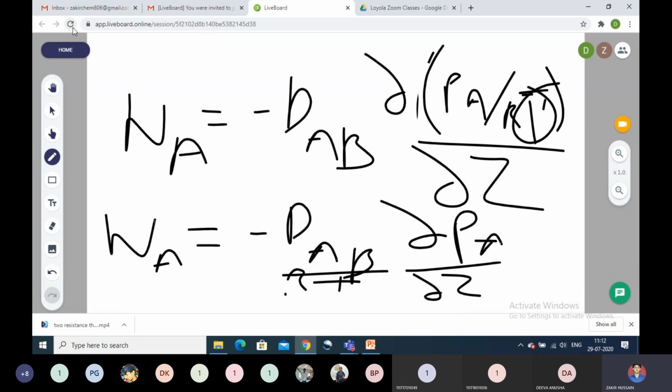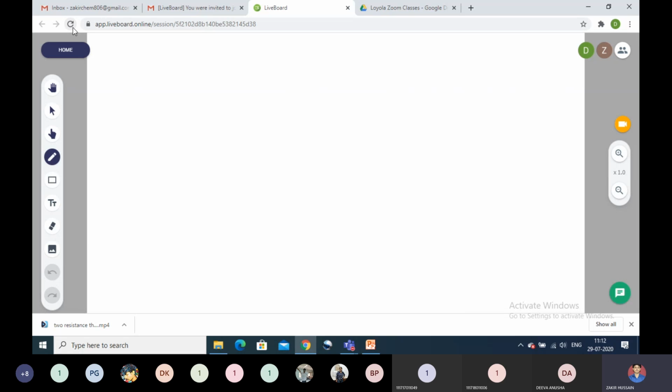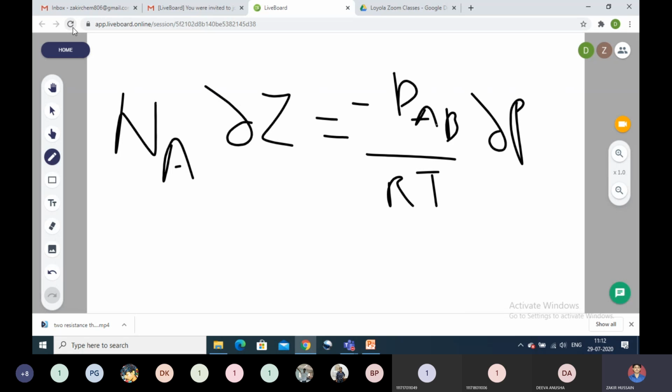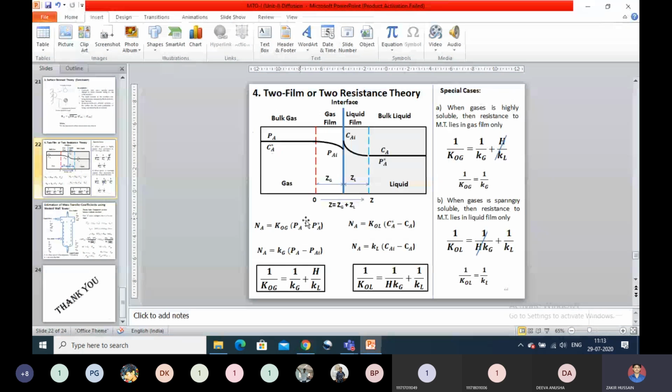Now the same integration we have to perform. Na dou Z we are bringing to the LHS side. Dou Z is equal to minus DAB by RT dou Pa, the left out term on the RHS side. So it is an integral between limits. How can we fix the limits for the gas phase?